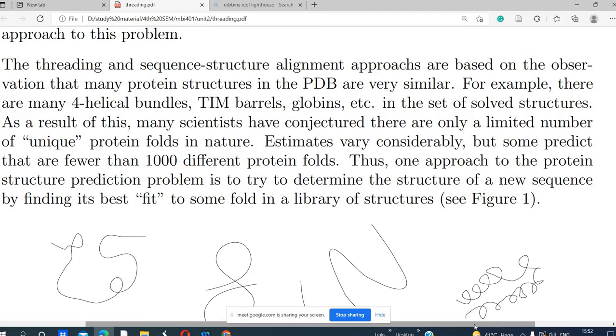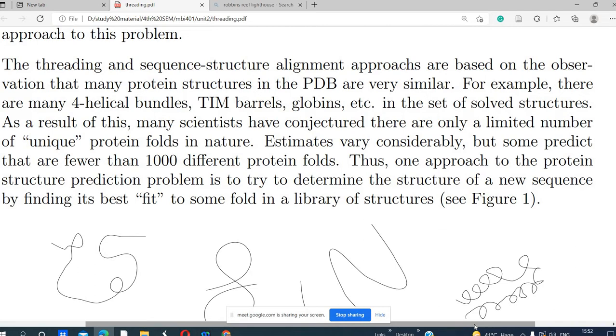We can say there are fewer than 1000 different protein folds. There are different approaches in threading also. One approach to protein structure prediction is to try to determine the structure of a new sequence by finding its best fit to some fold in a library of structures.